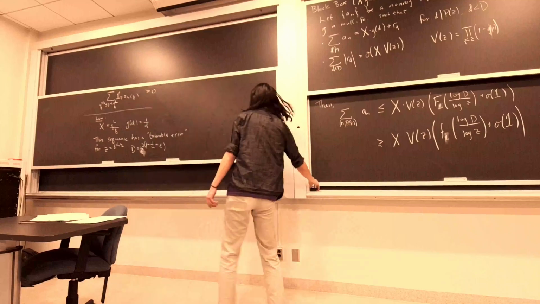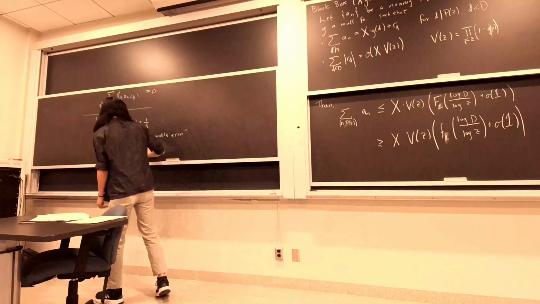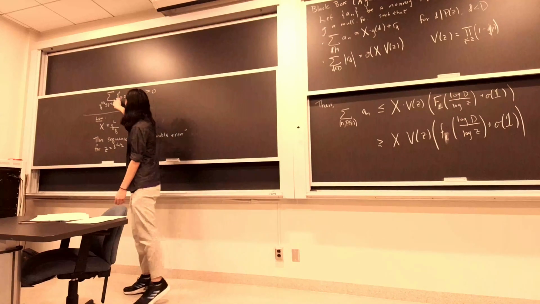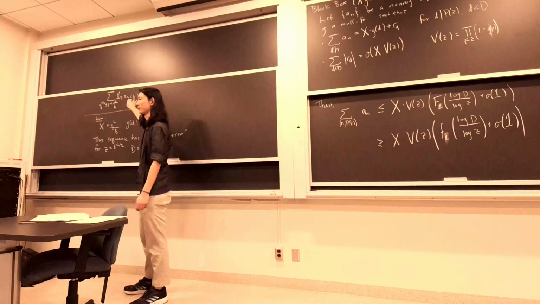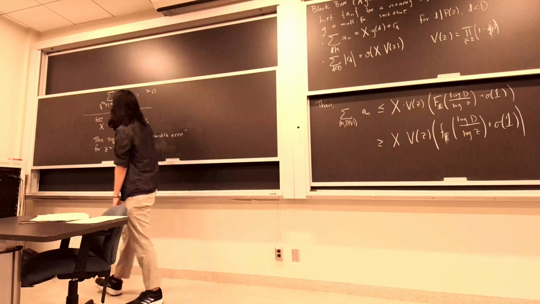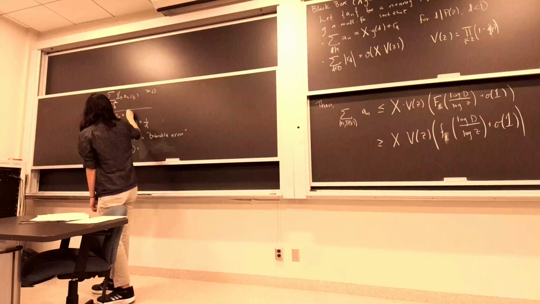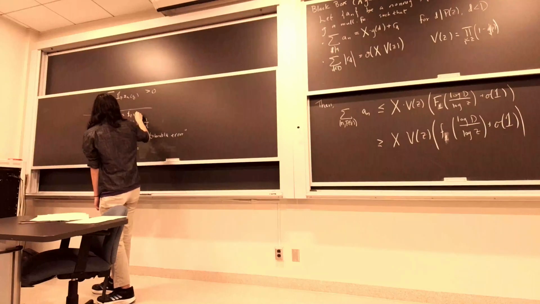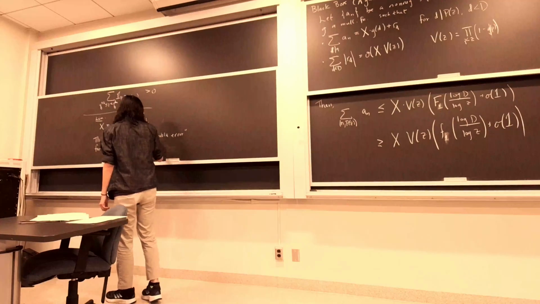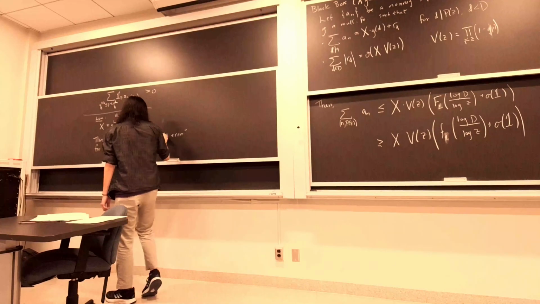I should actually rewrite this in terms of q. So what's the a_n? The a_n will be the indicator of n congruent to a mod q. So n lies in the residue class. And D is equal to q to the L times 1 minus 1 over L minus epsilon.